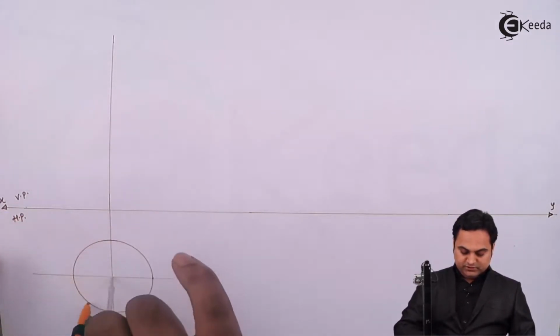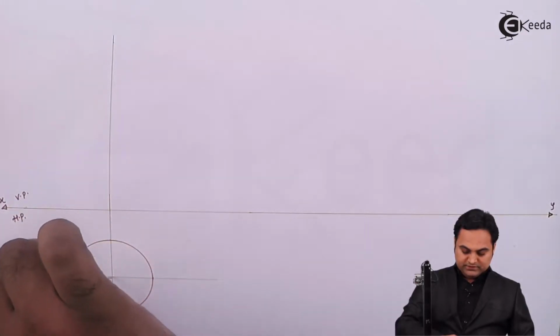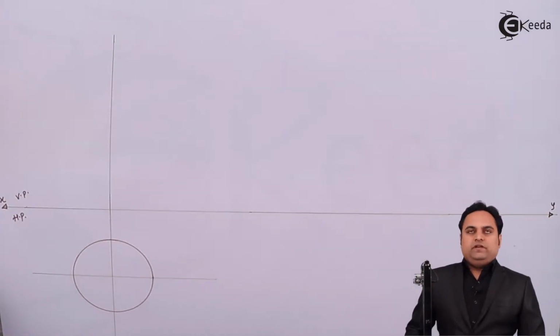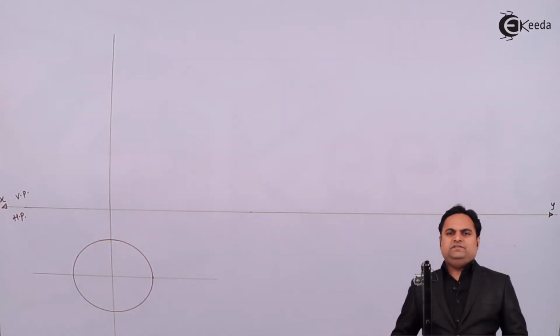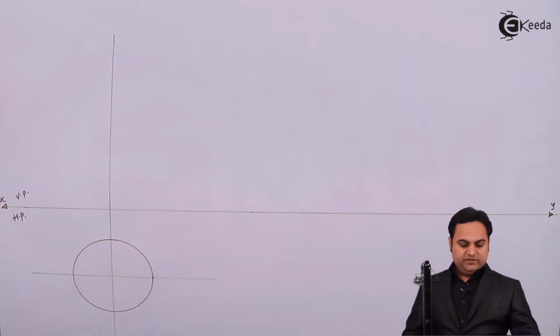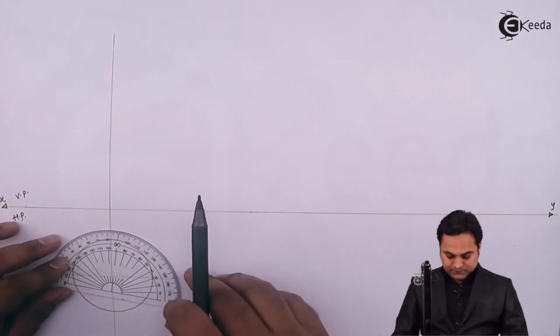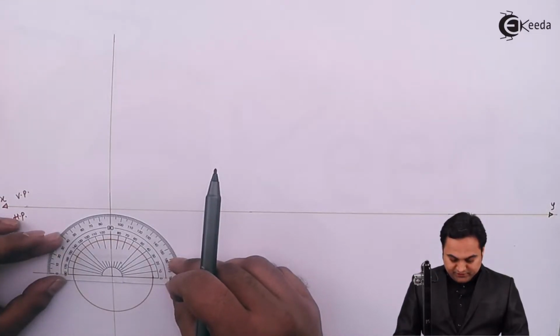Here is a circle, that is the top view of the cylinder as it is given in the question. Now I'll divide this circular base, or we can say the circular top of the cylinder, into 8 equal parts. It can even be divided into 12 equal parts. So to divide it into 8 equal parts, the angle should be 45 degree.